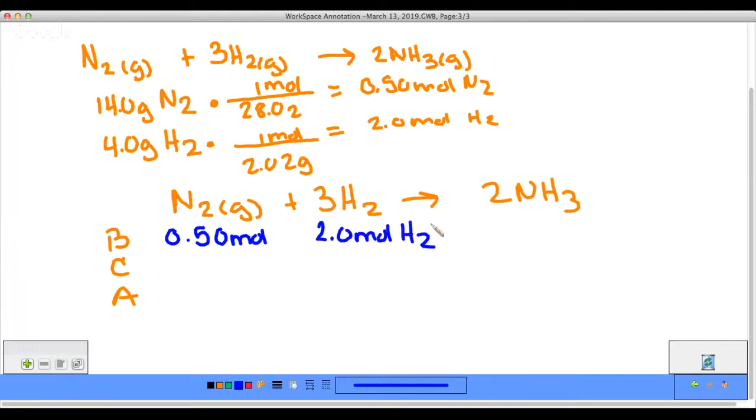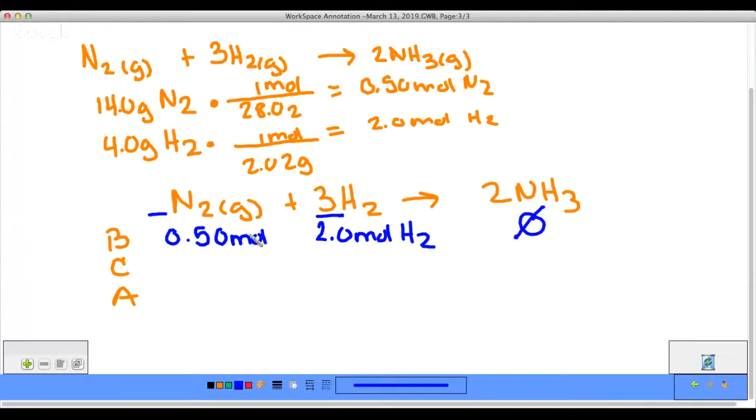One of the most important things here is the coefficients. So nitrogen and hydrogen will react in a 1-to-3 ratio. For every 1 mole of nitrogen that is consumed, 3 moles of hydrogen will be consumed. Before, we have 0.5 moles of nitrogen and 2 moles of hydrogen, but no ammonia.